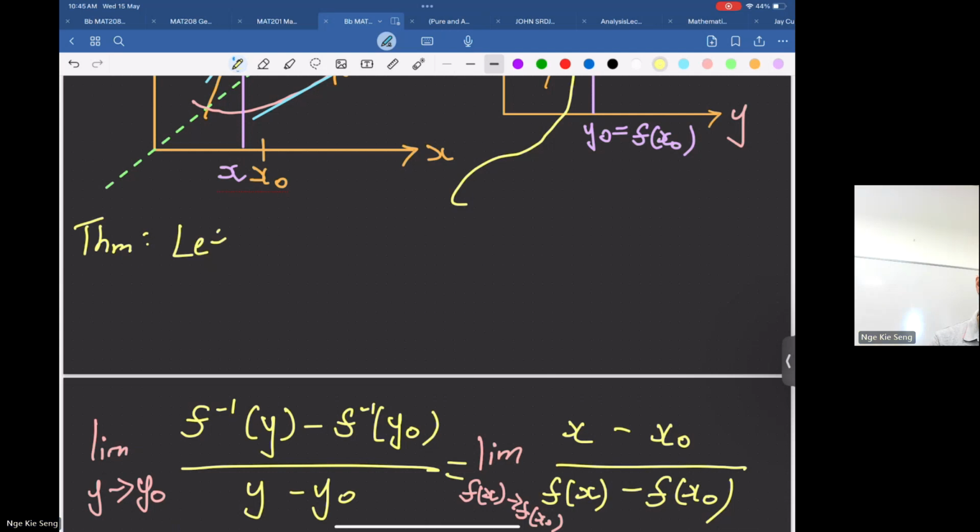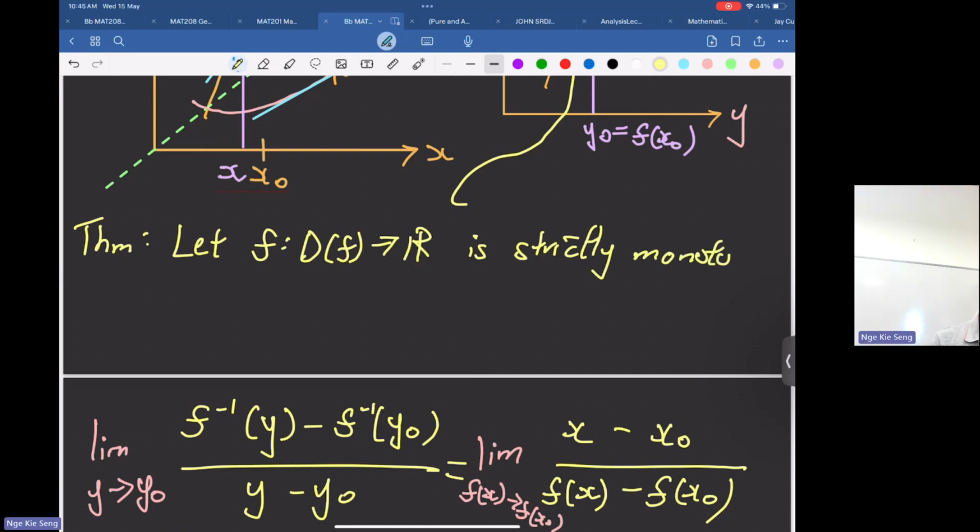Let f from D to R be strictly monotone, because we want to define the inverse. Or if you like, we can start with an injective function; you can replace it with injective.